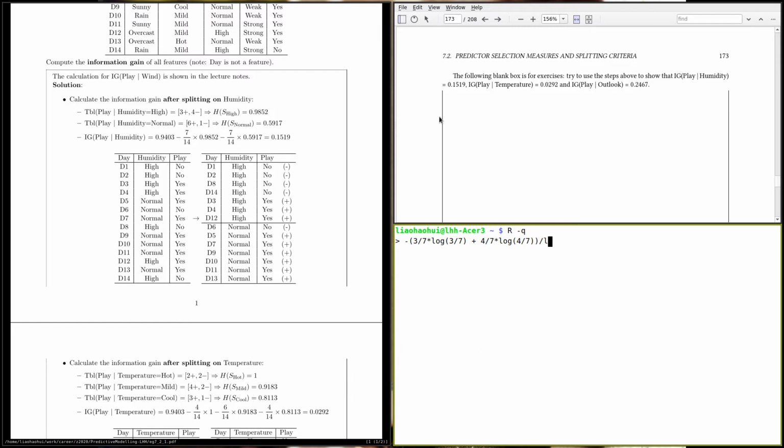No. The key thing is that in the formula, it is log to the base of 2. In R, log is log to the base of e, which stands for the natural number. So we need to divide it by log 2. Oh, sorry about keying the wrong thing. Anyway, I think all of you can see the answer matches, right?